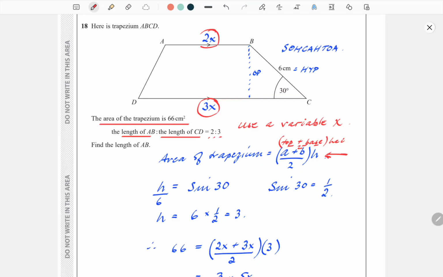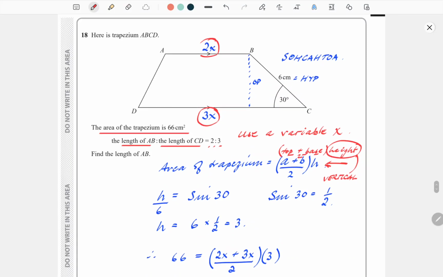And this height has to be perpendicular. Let's make it clear: the vertical height, not slopes or anything like that. It's got to be vertical.